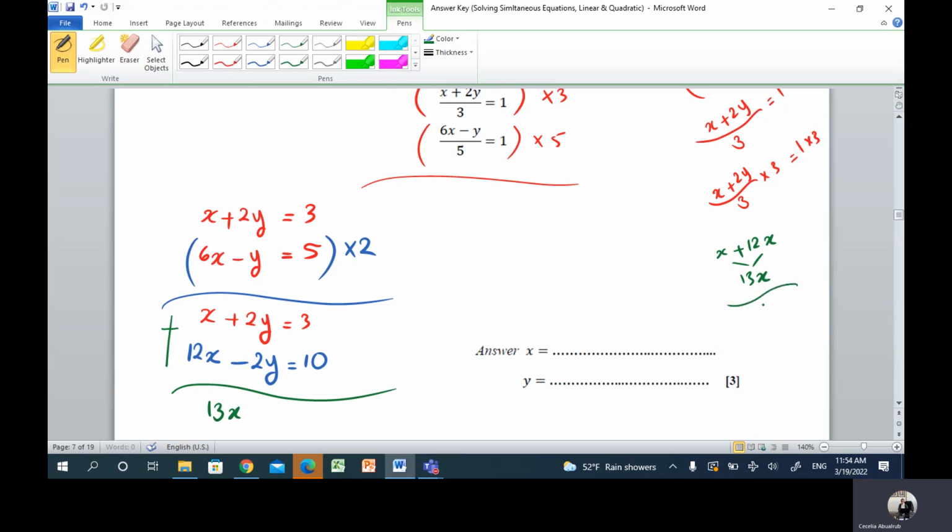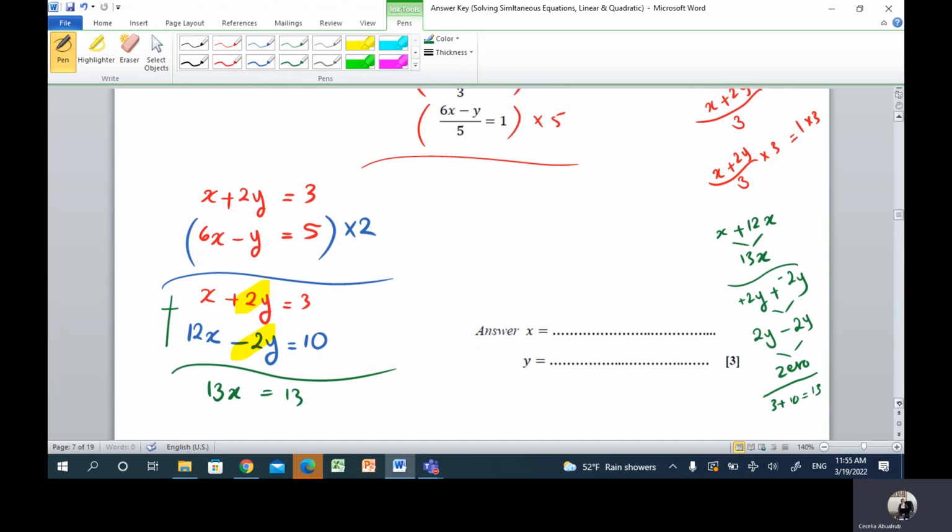And if we say positive 2y plus minus 2y, it will be 2y minus 2y, and it will come down to 0, and that's what we need. And this will not happen if we are subtracting the two equations. So the y is eliminated, which means it's gone. And then we're going to say 3 plus 10, the answer is 13. So it's equal to 13.